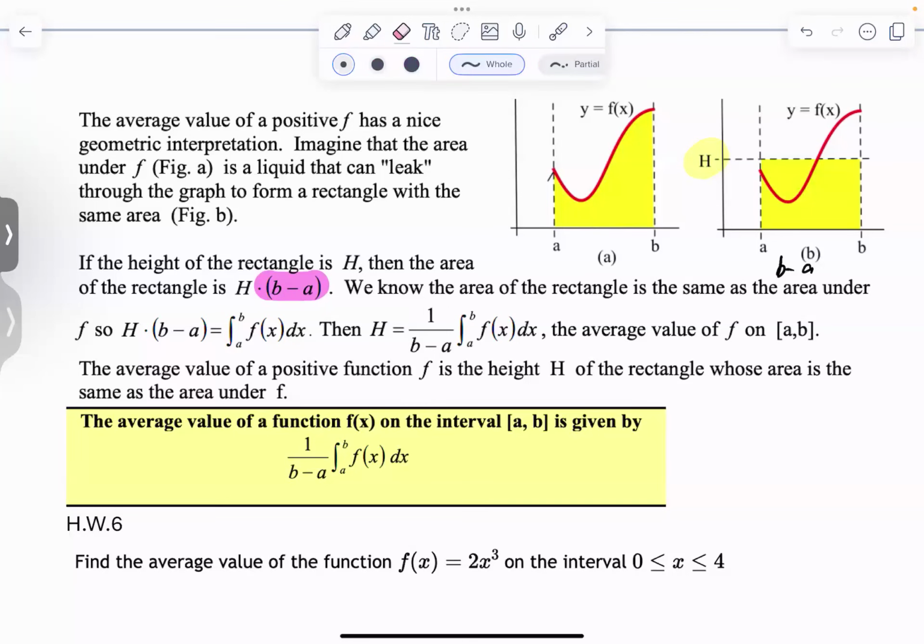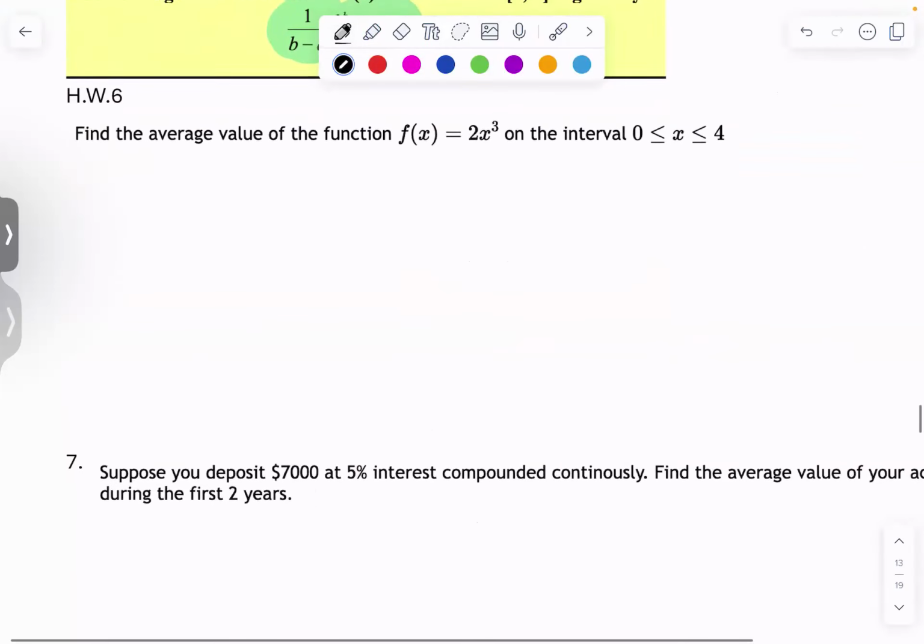But we end up with this here, which is our actual formula, here in the bright yellow. So to find the average is just the integral, and then we do the 1 over b minus a in front of it. I'm avoiding all the mathematical reasons why, but it's actually kind of cool, but I'm not going to bore us too much with it.